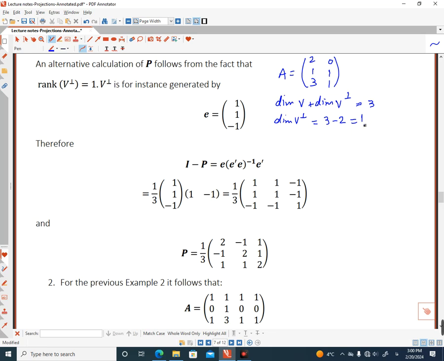So we can find a basis vector in the orthogonal space, which I call E, such that Ai prime E is equal to 0, because it is orthogonal. With this basis you can easily find the rest of the solution.